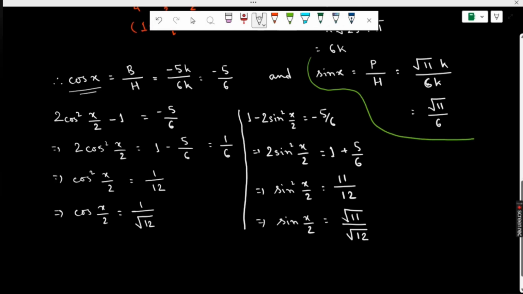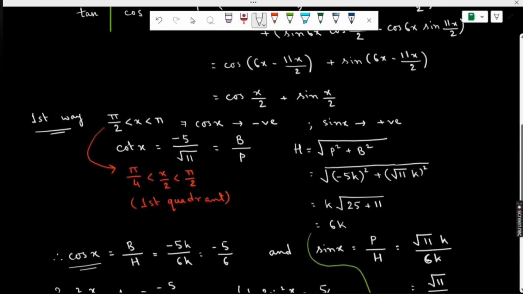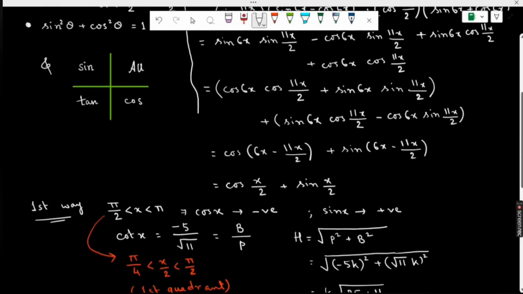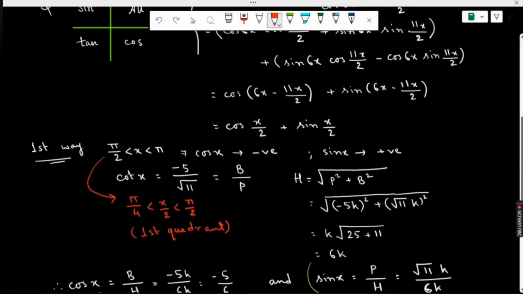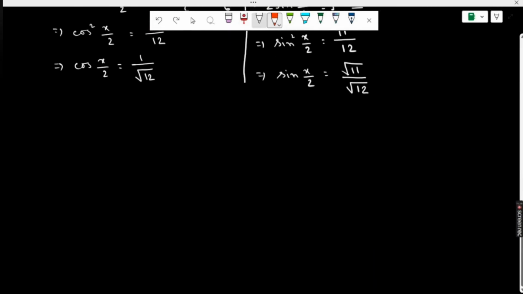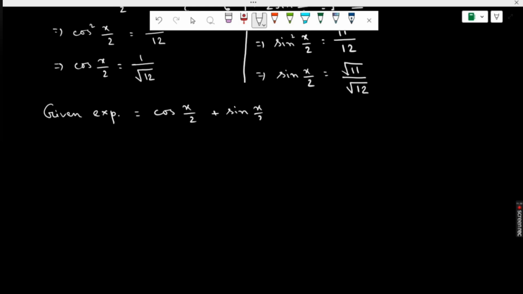Now, what was the value of the expression? The expression was cos square x by 2 plus sin square x by 2, so the given expression equals cos x by 2 plus sin x by 2.